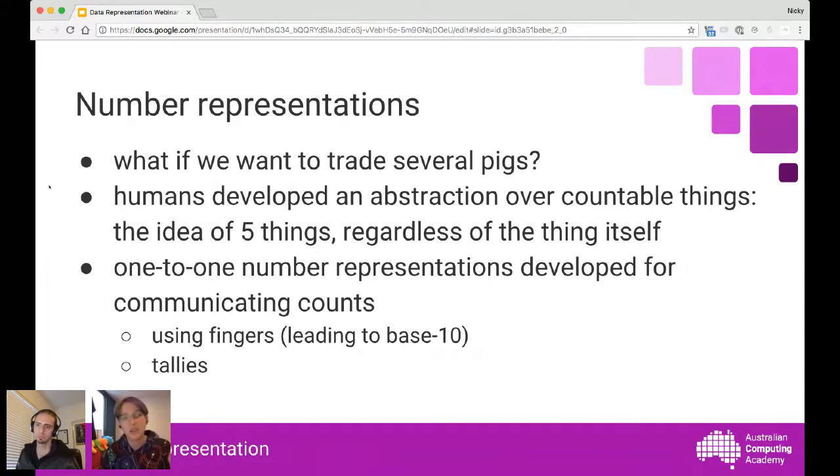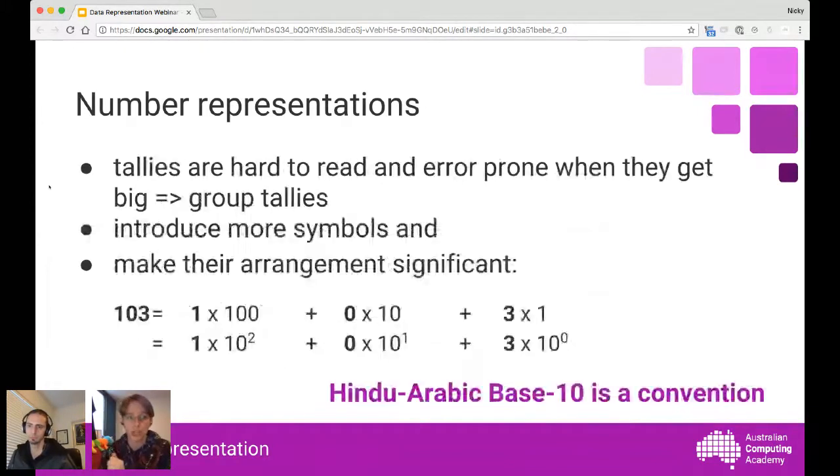But then we've developed using our fingers and toes to count. Then we look at using tallies to count. And then we look at the number system that we use currently, the digits that they're hopefully very familiar with, and that this is actually also a system. This Indo-Arabic base 10 system that we use is a convention that we've all agreed on.